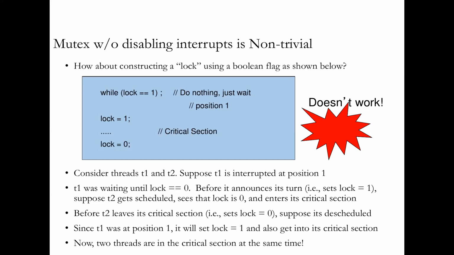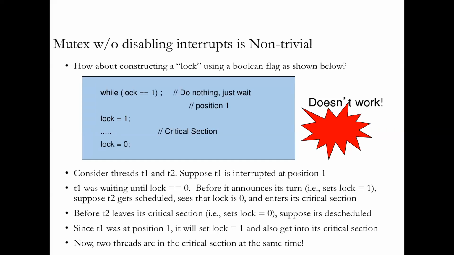And let's assume the thread will get immediately preempted after this. It didn't set lock to 1 yet. So it checked that lock was not 1, so therefore it's no longer in that loop. But now it didn't set lock to 1 yet. So it's about to set it later. So it got preempted.